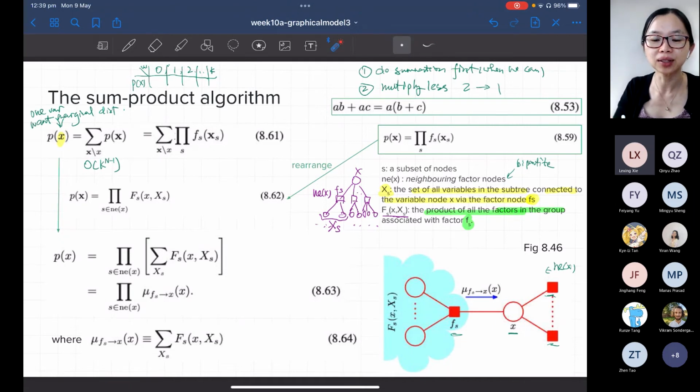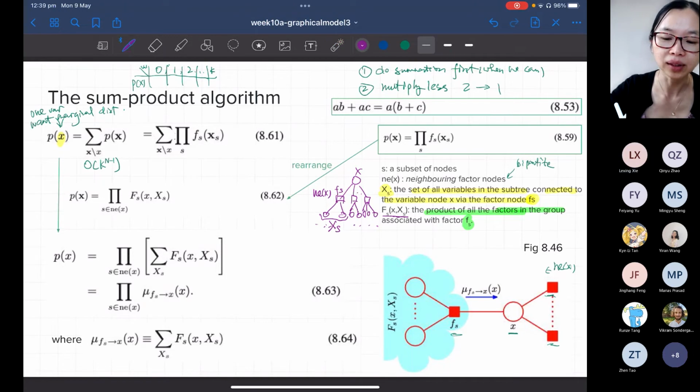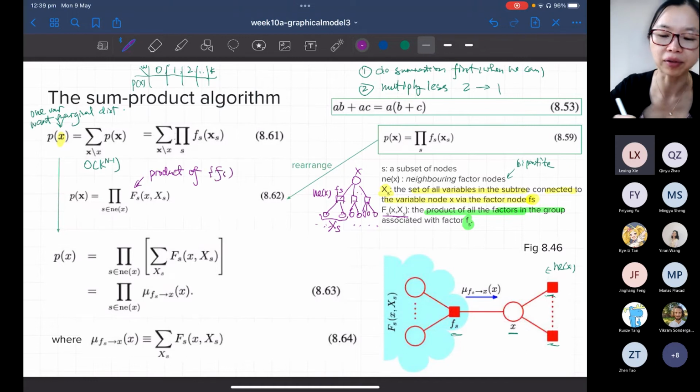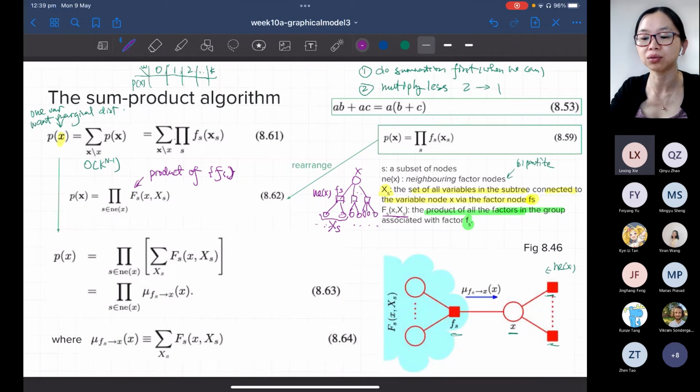So that is to say, this big F is a product of some set of small f of s. And which one it is, we arrange according to this tree.